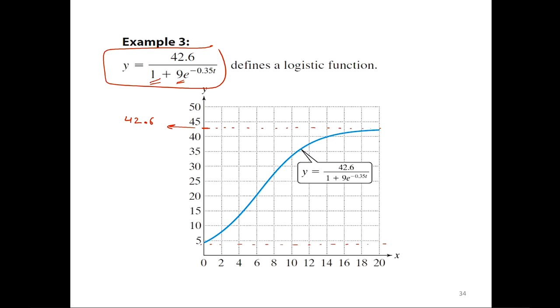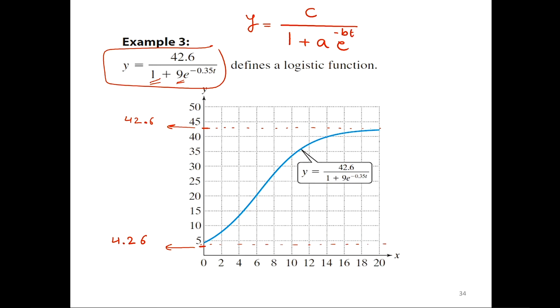So this is called the function in this formula, C over 1 plus A e to the power minus BT, the logistic growth function.